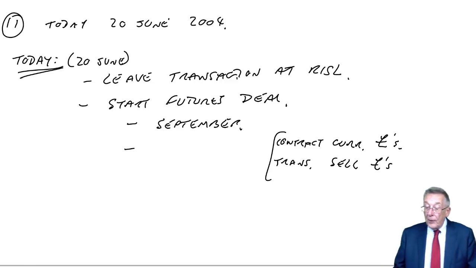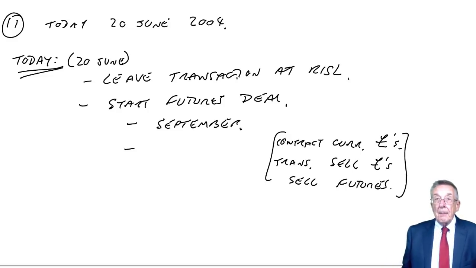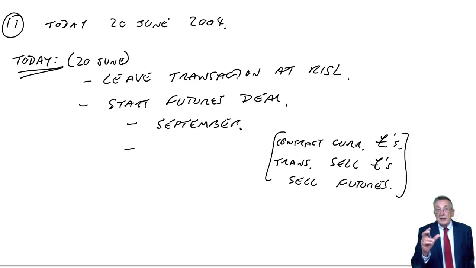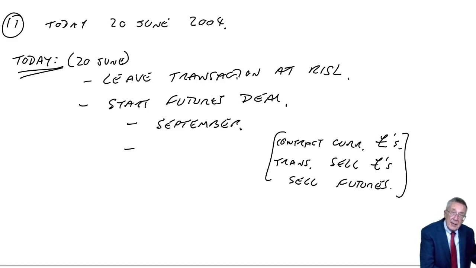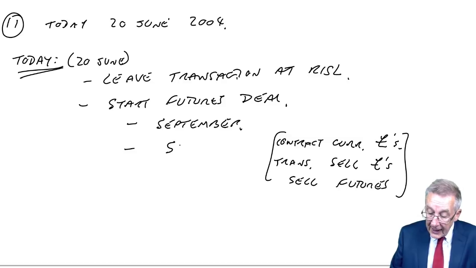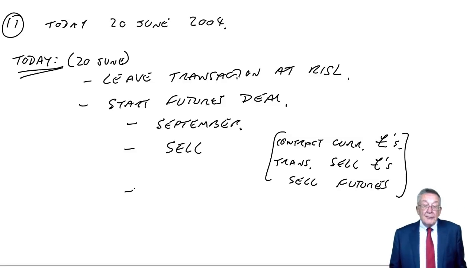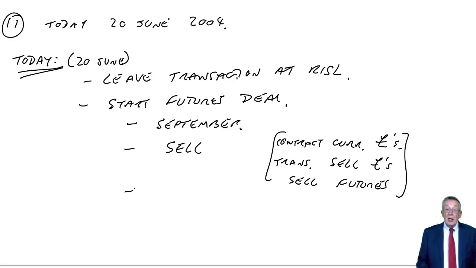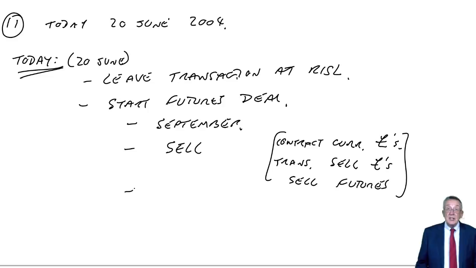And therefore, we will sell futures. Contract currency is pounds. Is the transaction buying pounds or selling pounds? If it's buying pounds, you buy futures. If it's selling pounds, you sell futures. But here we are going to sell.